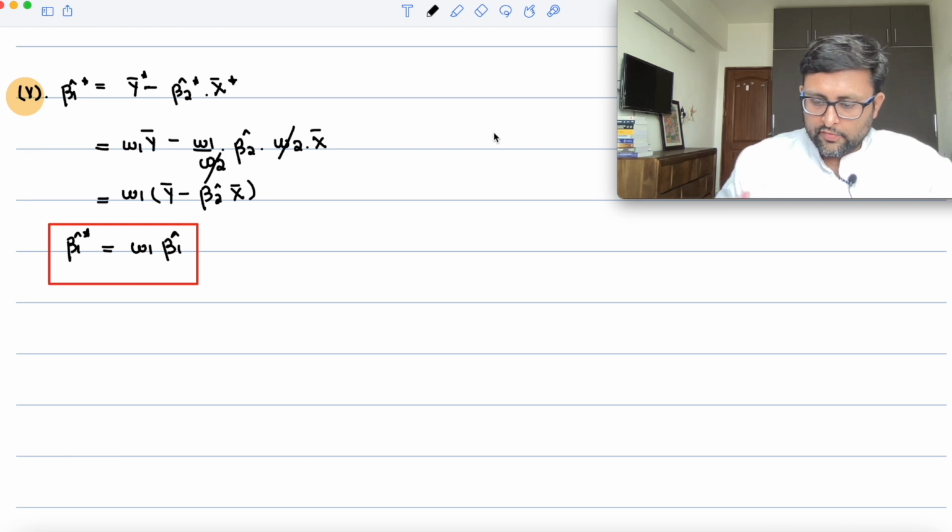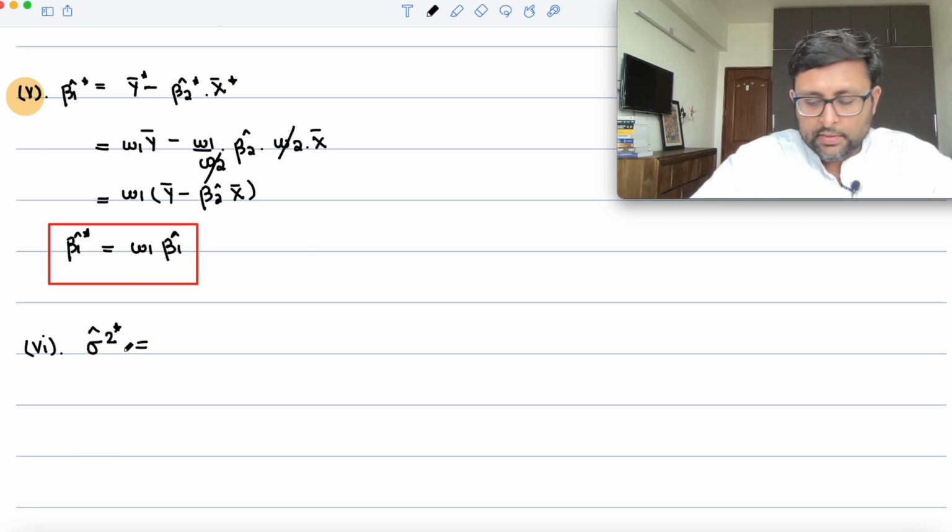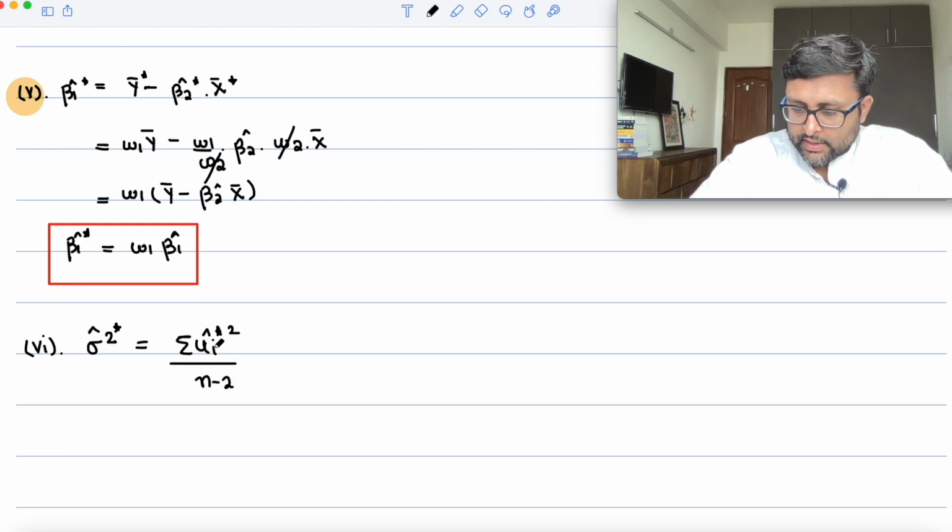Okay. Fair enough. Sigma square hat star. Sigma square hat star is what? You have just written above: summation of ui hat square upon n minus 2.